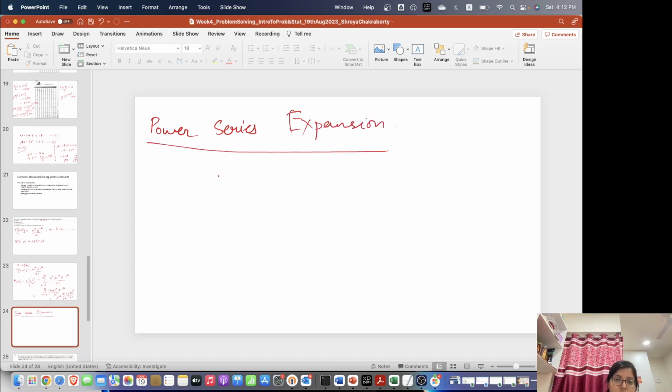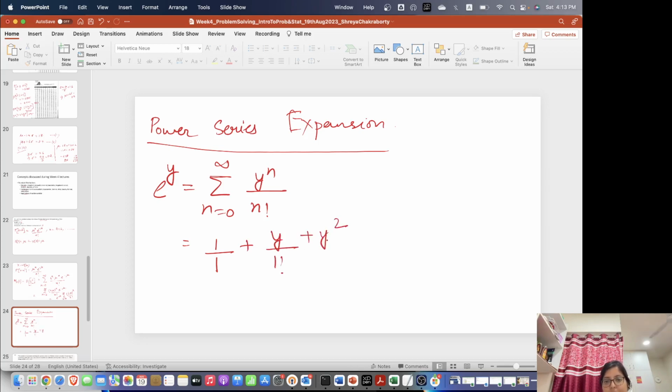If we have something e to the power y, that can be written as summation n equal to 0 to infinity y to the power n by n factorial. So that will be 1 plus y by 1 factorial plus y square by 2 factorial plus so on and so forth.